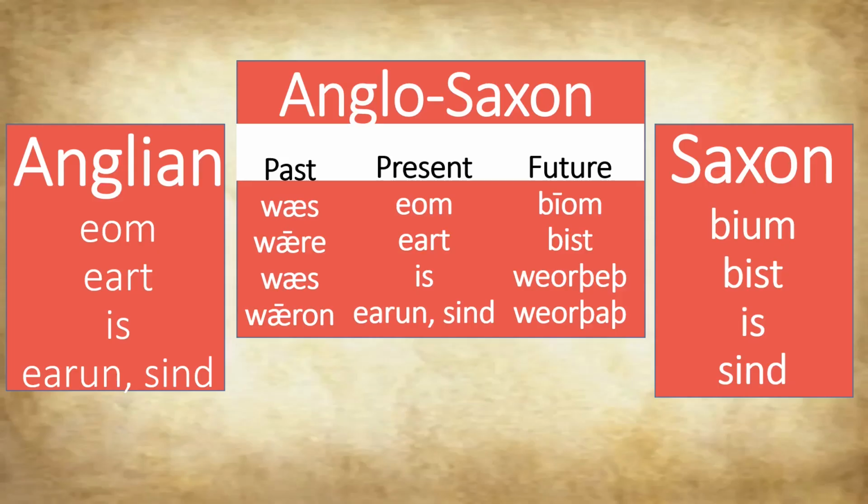The chart I have presented before you all is what would be accurately called Anglo-Saxon, because there are no Brittonicisms in here. Arguably, you could use werdan entirely for the future, but this is just a rough estimate.